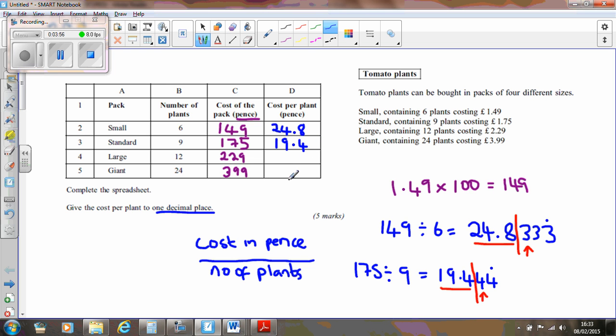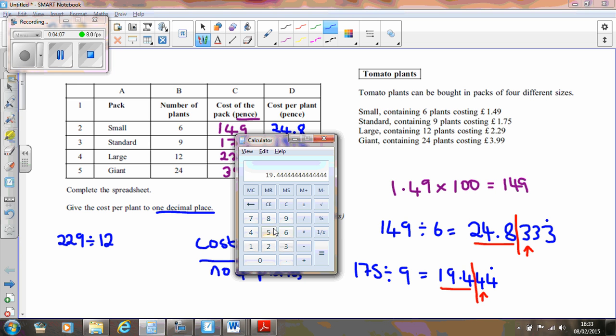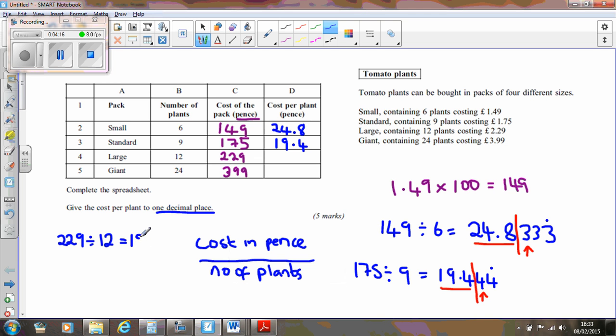Next one, so let's see what colour we're in, blue. 229 divided by 12 is 19.08333. Again, we want one number after the decimal point.